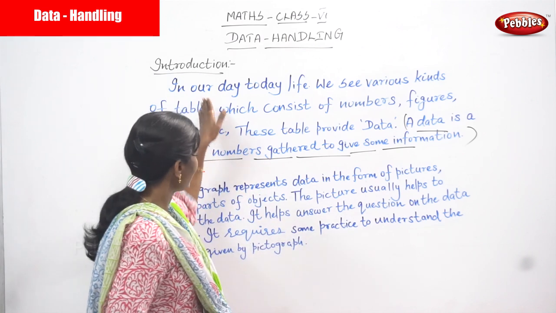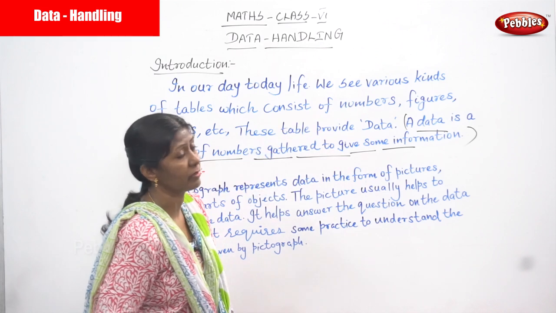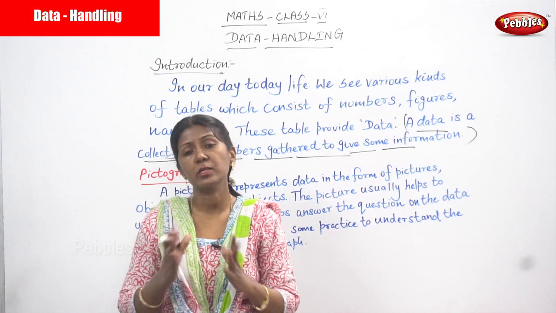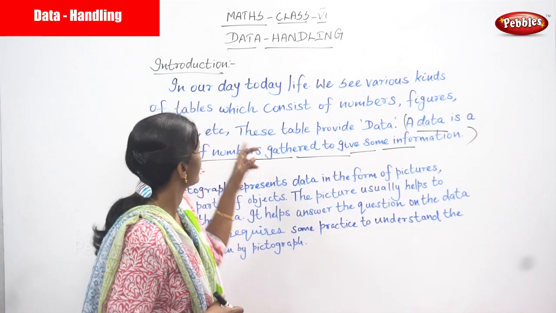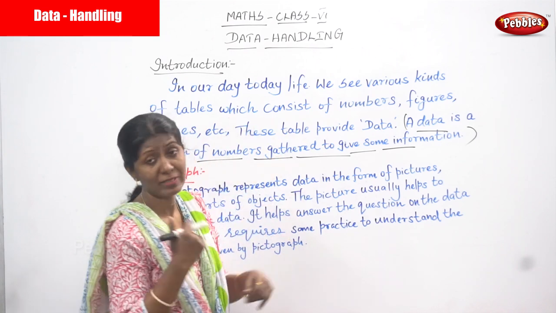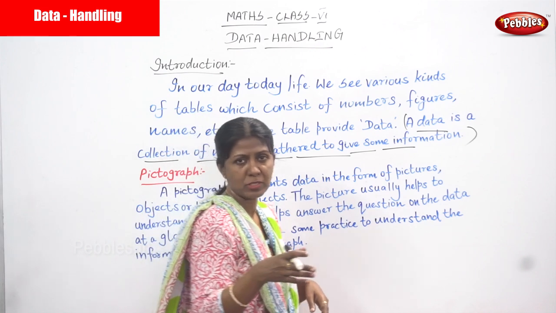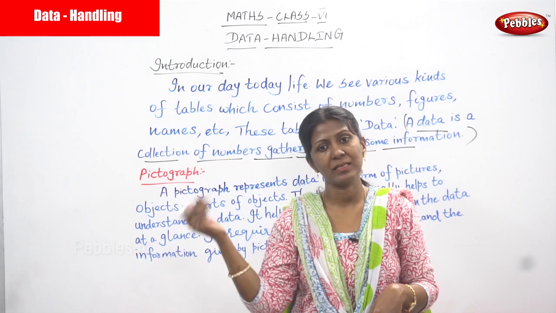So in our day-to-day life, we see various kinds of tables which consist of numbers and figures. Whatever data you have collected, we arrange in a proper manner, so we are using many tables, which consist of numbers and figures, names, etc. For example, 6th standard students are in 6th A, B, C, D, E, F, many sections.